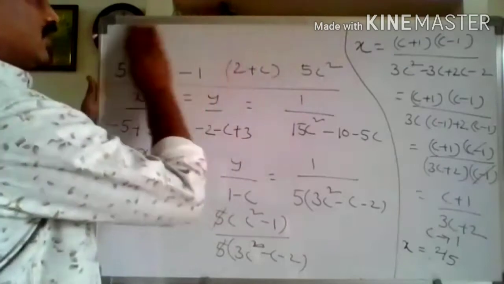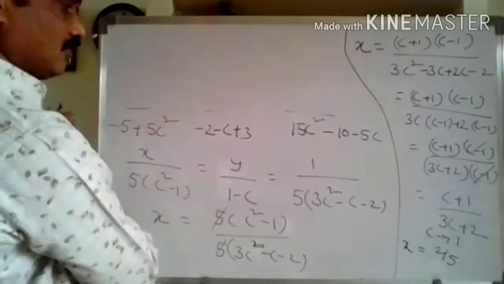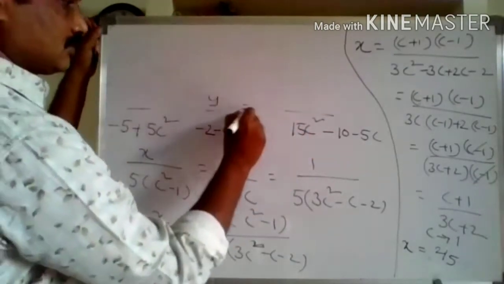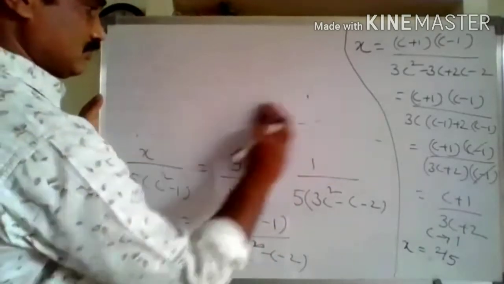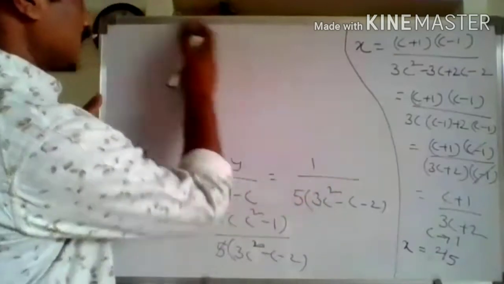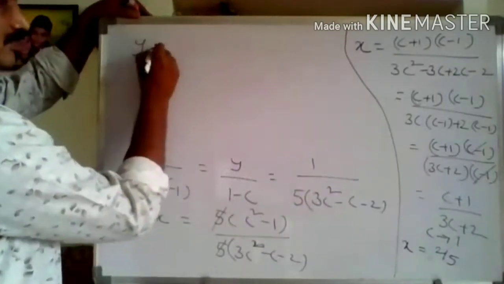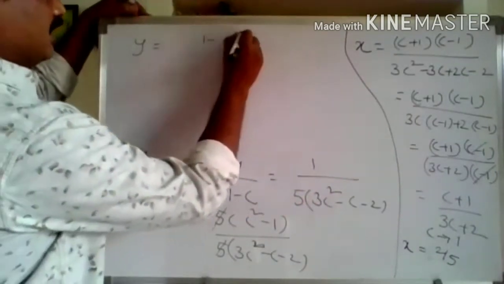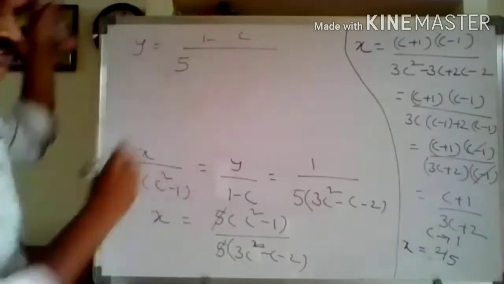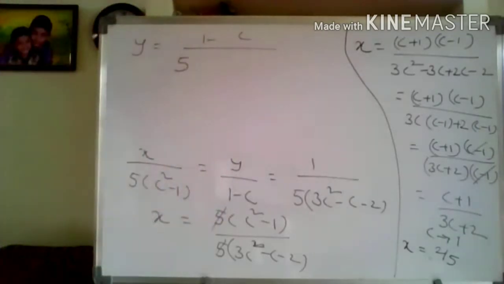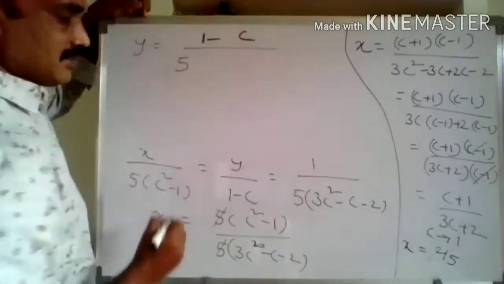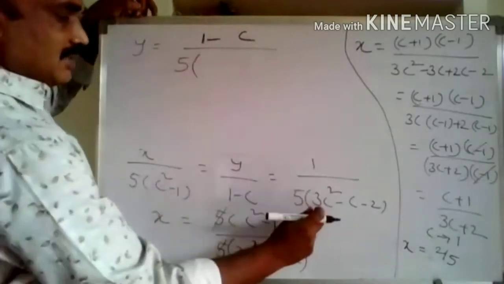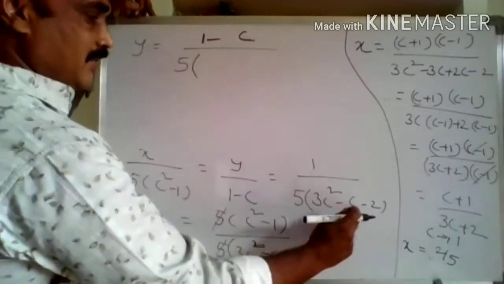Next, y is equal to (1 minus c) over 5(3c² minus c minus 2).